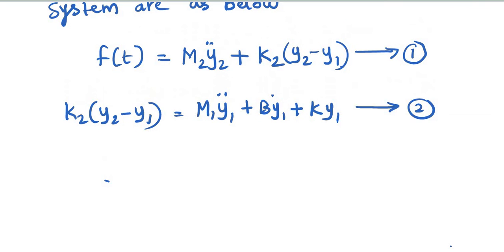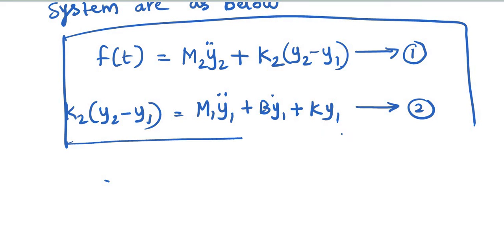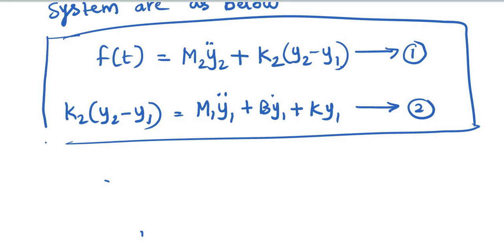So now this is called the mathematical model of the mechanical system shown in the figure. But for us, we have been asked to calculate the transfer function model from this.